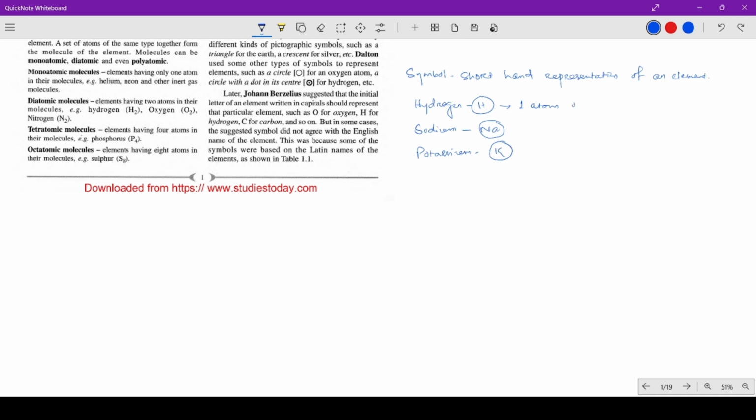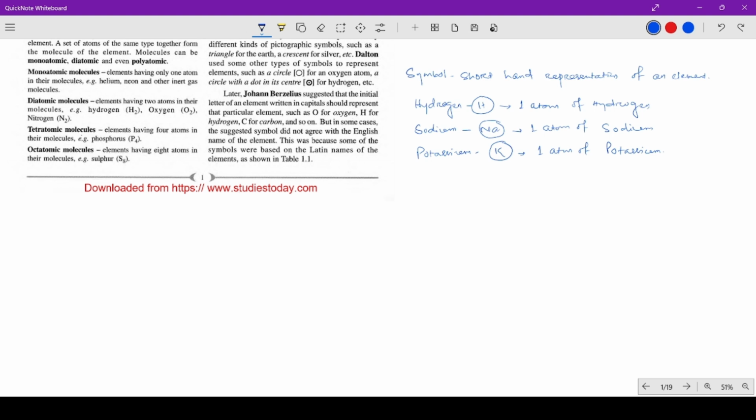This is one atom of hydrogen, this is one atom of sodium, and this is one atom of potassium. Understood?